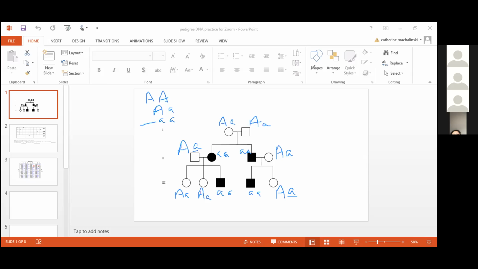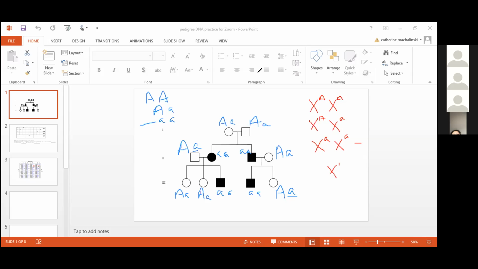Okay, so now let's try sex-linked and recessive. If it's sex-linked and recessive, then the only way for a female to get the trait would be to be X little a, X little a.